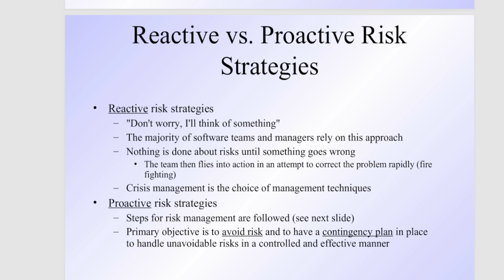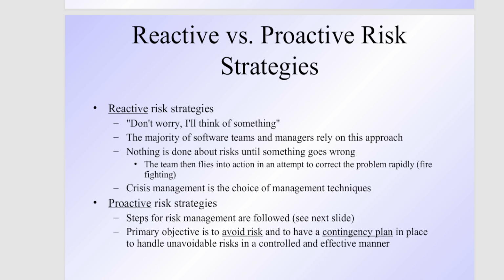The other approach, which is better than reactive, is called proactive strategy. In proactive, we take steps for risk management. The various steps are followed, and the primary objective is to avoid risk and to have a contingency plan in place to handle unavoidable risk in a controlled and effective manner.